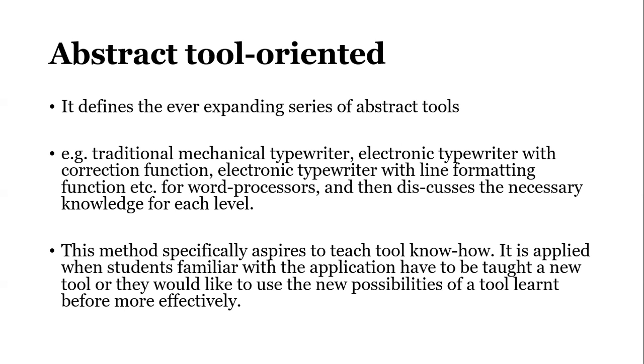And when the computer came, the developers of the software started with a word processor, which mimics what a typewriter used to do. So in abstract tool learning, it will even show the relationship between the two.